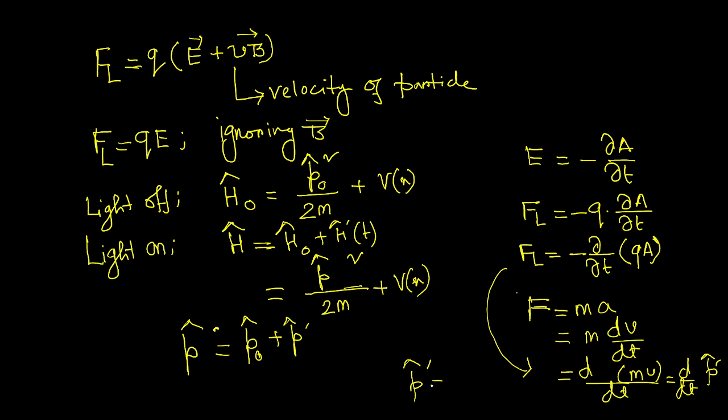P dash is equal to minus qA. So we incorporate this when the light is on.